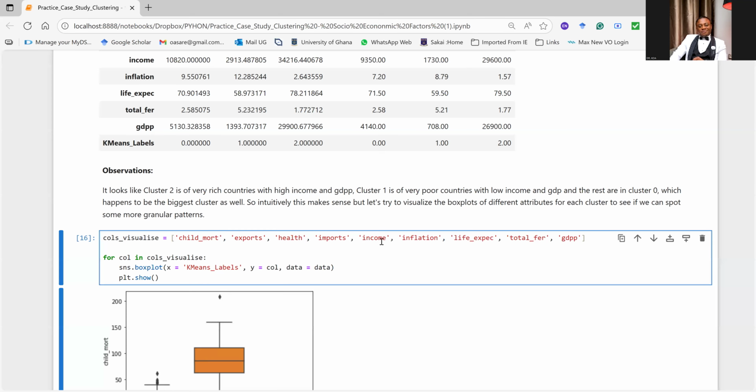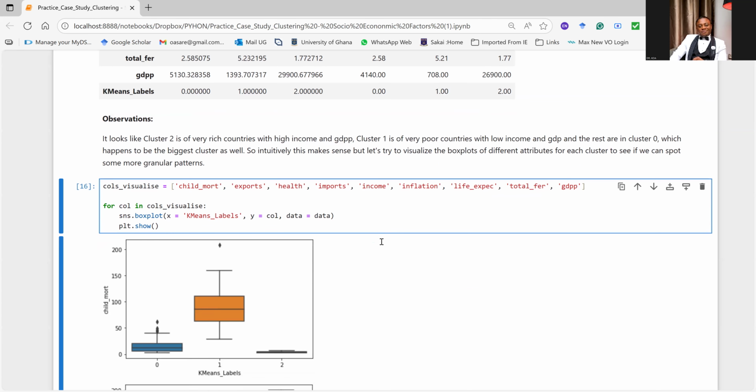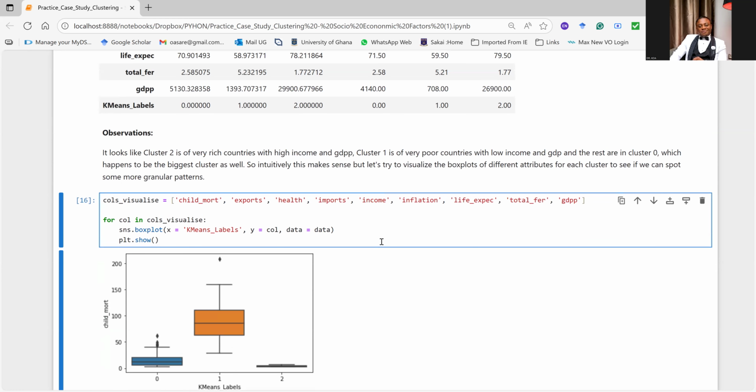We are using the k-means labels that we used: group 0, group 1, group 2. Then we plot each of the variables and check.